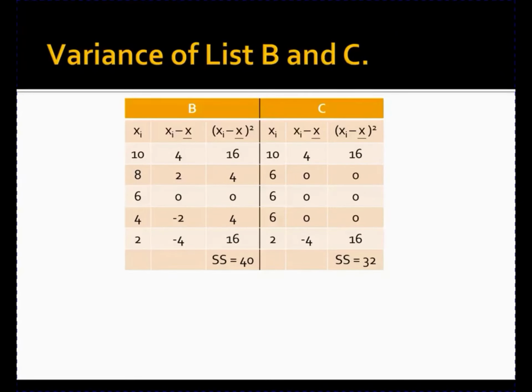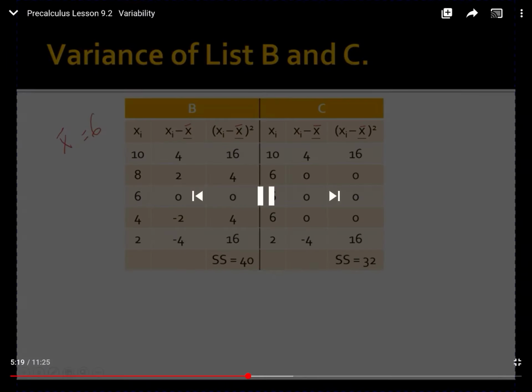Let's take a look. Remember B and C had the same mean of 6, the same median of 6, and the same range, but they're not the same list, so we want to find their spread. Again, the mean is 6.